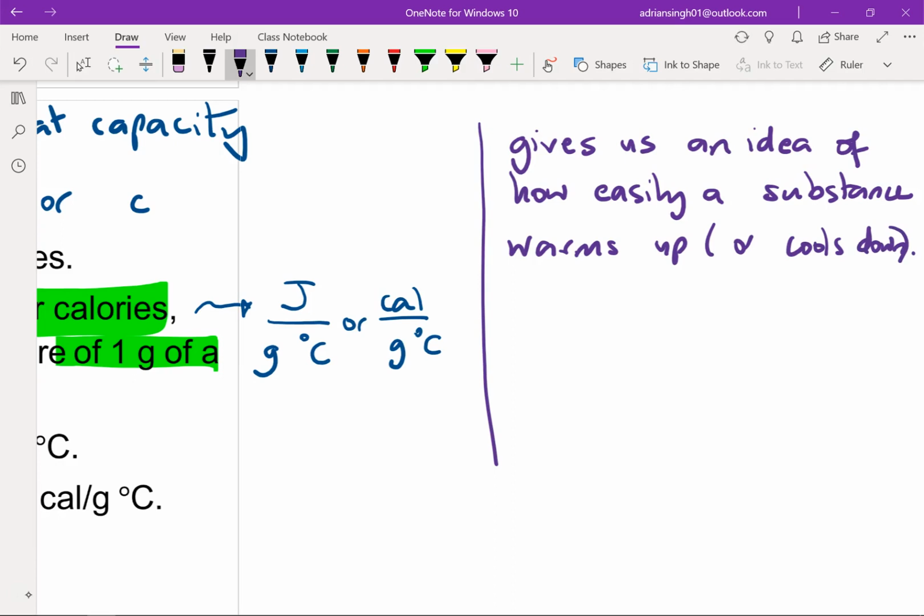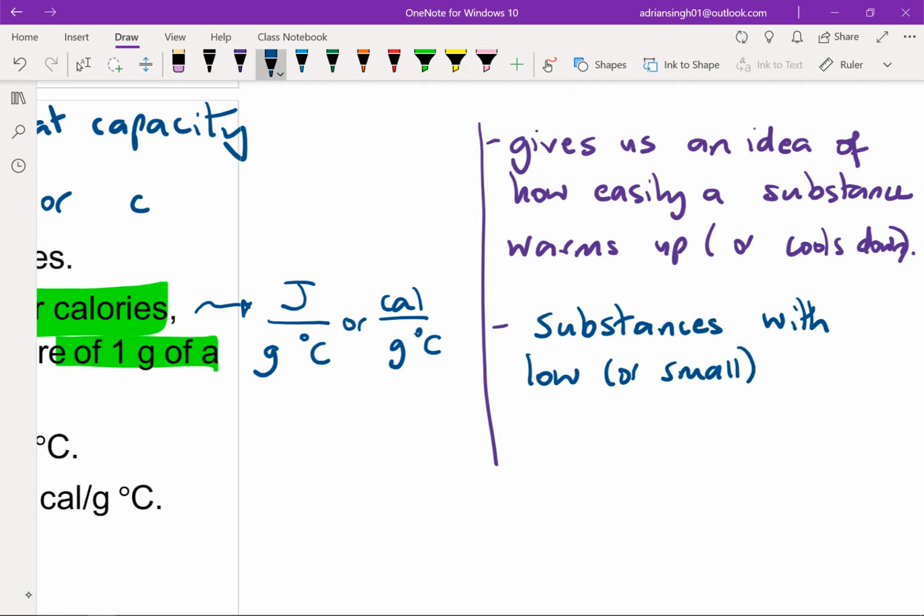Okay, and I'll just give you the take-home point here right now. Substances with low specific heats, or small specific heats, warm up very quickly, and again we can also say cool down.